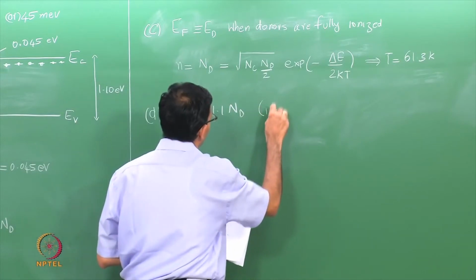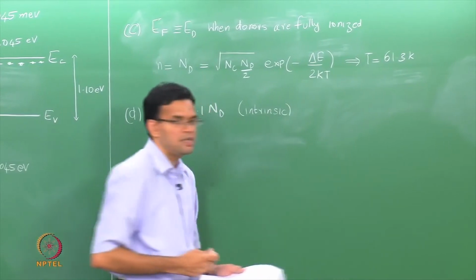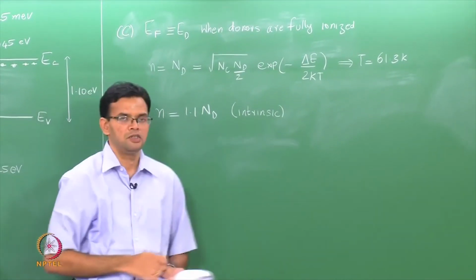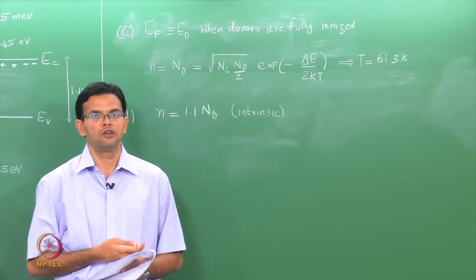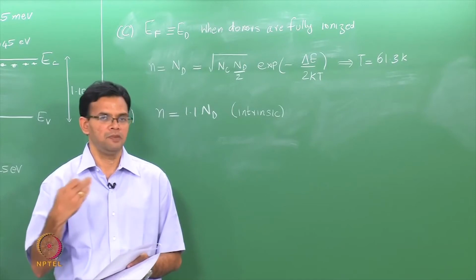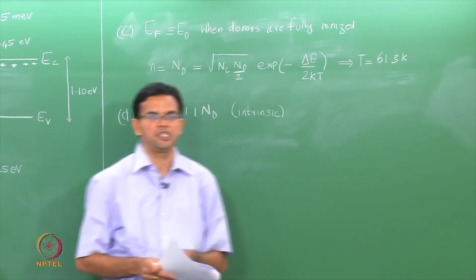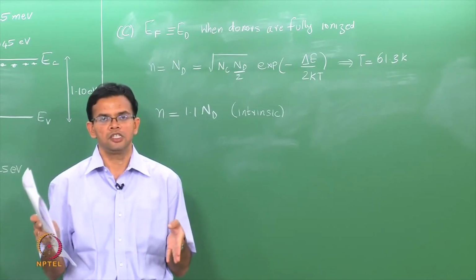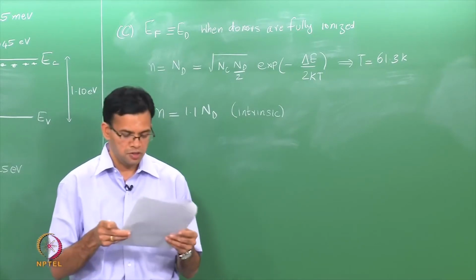So, if you go back to the notes, we say that the sample is intrinsic when the electron concentration is 10% more than the donor concentration. So, we have a regime between saturation, and this is your saturation temperature, and the intrinsic temperature, where the concentration of electrons is within 10% of the donor concentration.